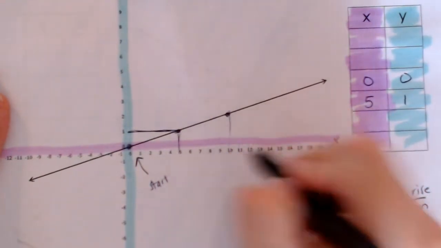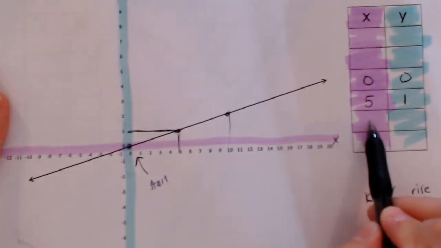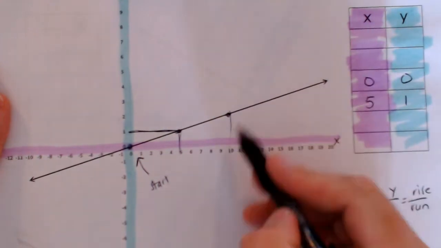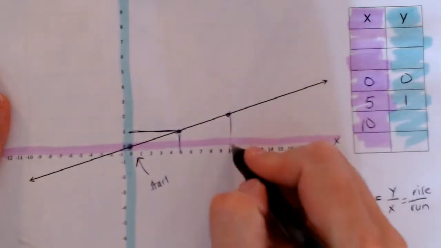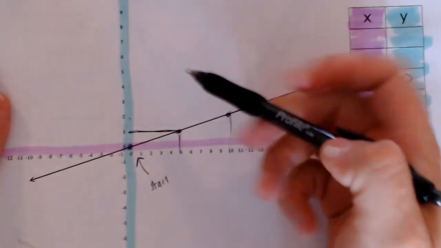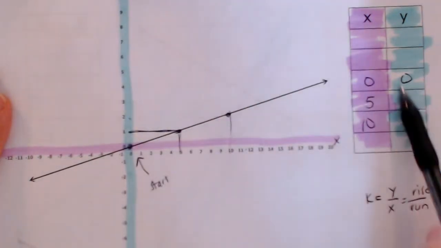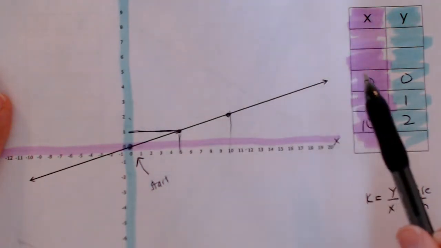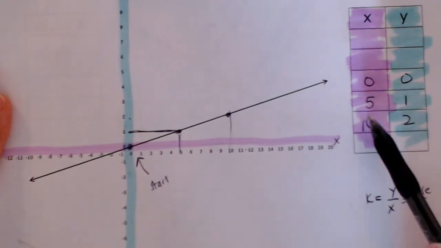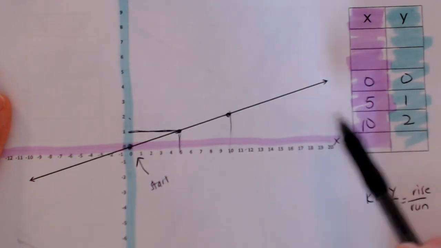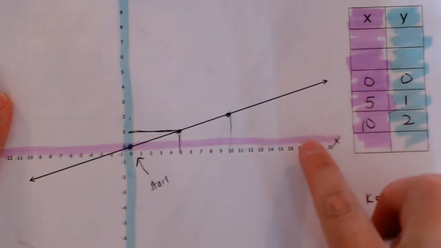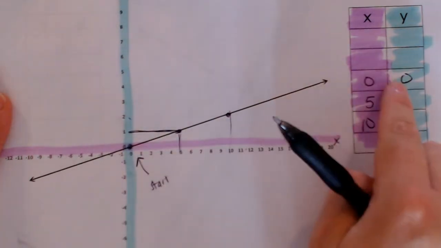Its x is 10, and it pairs up with 2 for the y. That's why I color-coded them, matching just like you should be doing on this assignment. They need to be matched up. You don't have to have purple with purple. Pick any other color as long as there are two colors matching your x and your y.